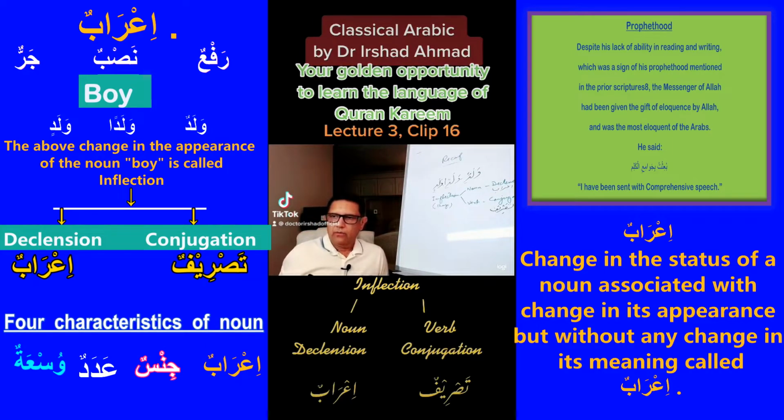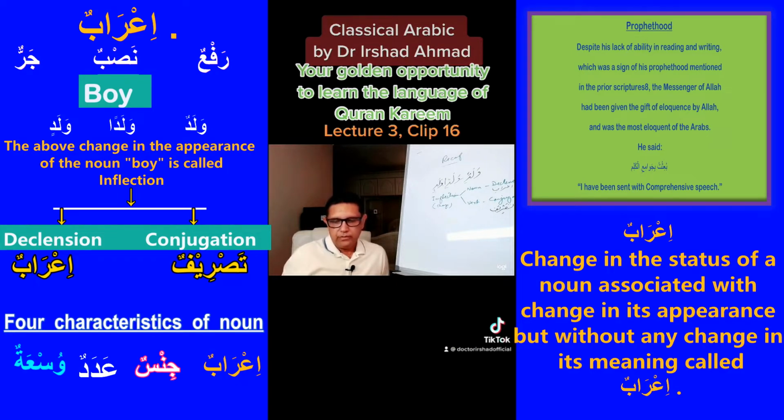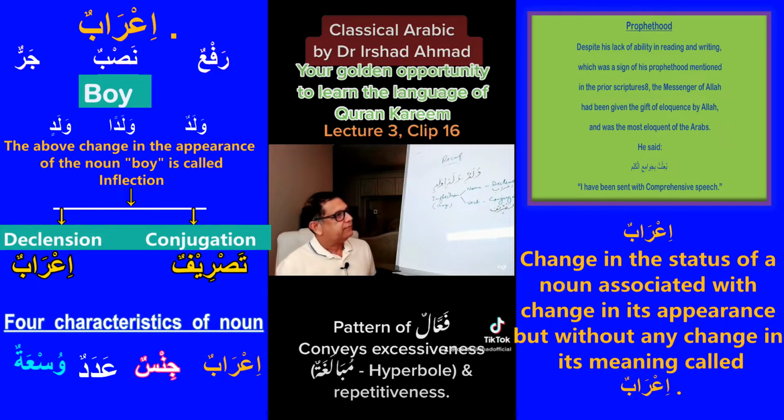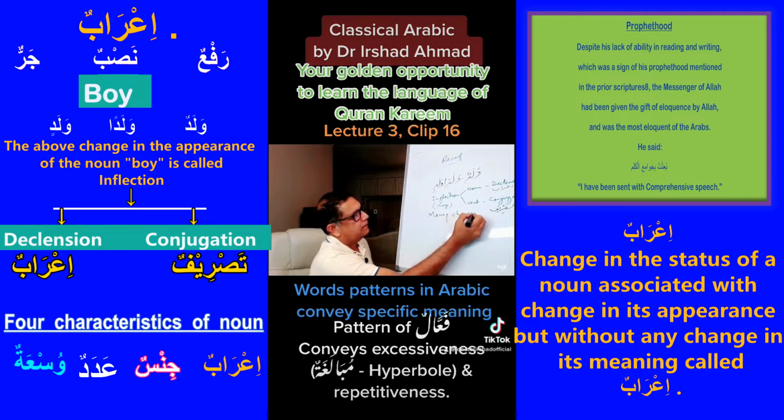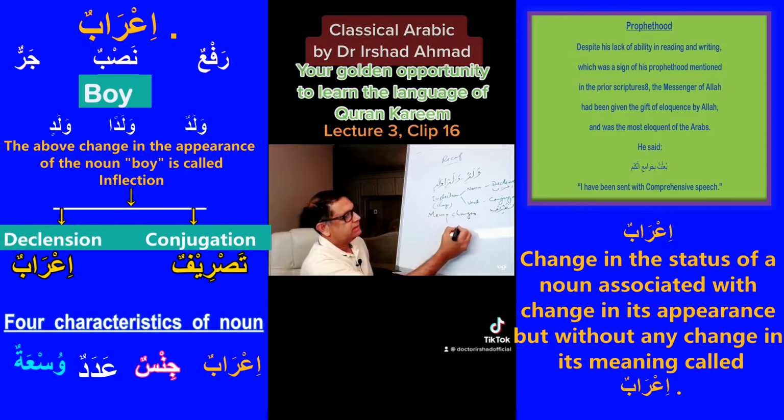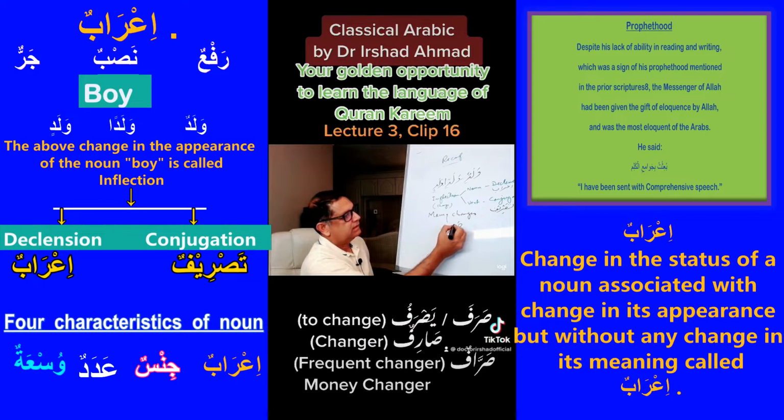When we go to the Middle East, for example, Dubai, and we want to exchange our money, we go to a money changer. So we look for a sign of money changer, and alongside we will see, and when you go next time you will see, written sarraf.